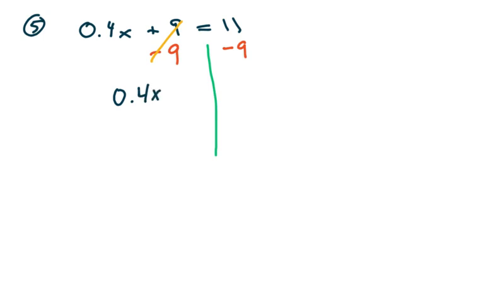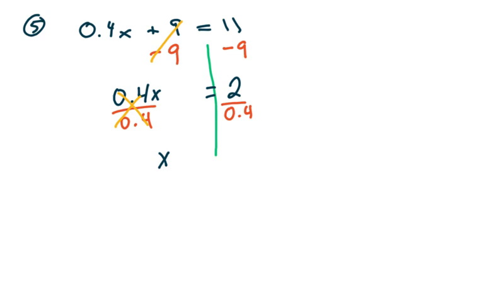Then I've got 0.4x equals 2. And then I'm going to divide each side by 0.4, so that the 0.4's cancel out. So on the left side, I just have x.